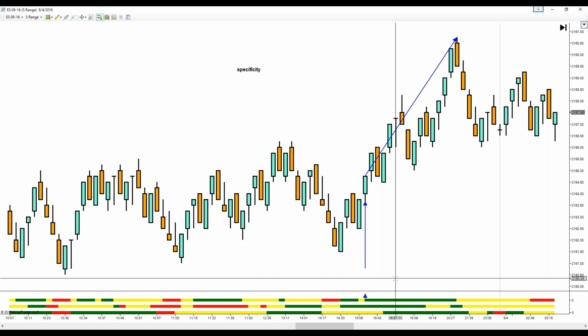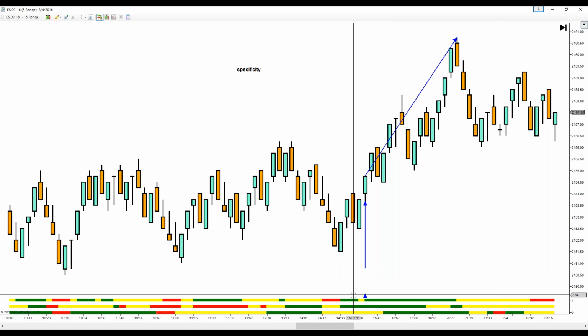That's the other thing it tells you: don't trade against a dual quant green. Don't try to go short, and don't try to go long when 2 quant lines are red. You're going to have a lot of trouble getting a trade in that type of environment. So that's how helpful these quants are.